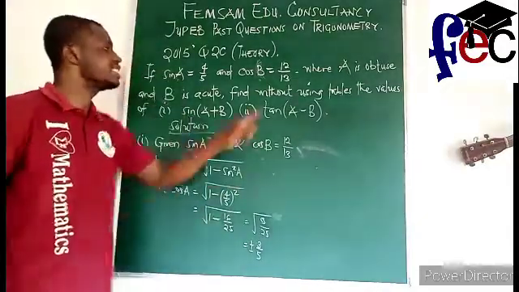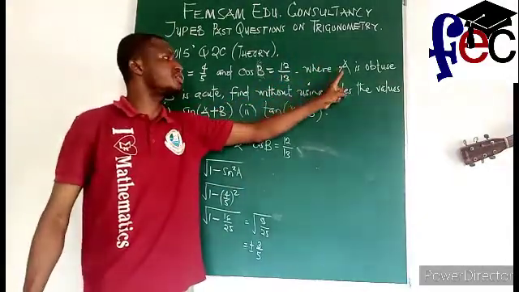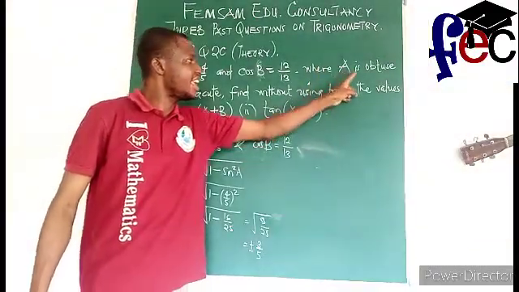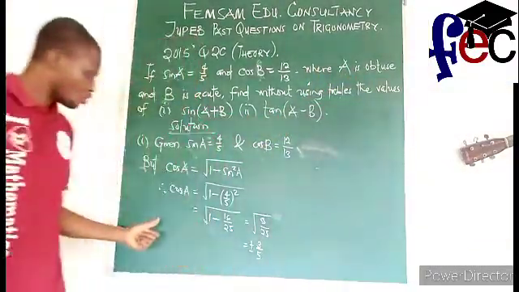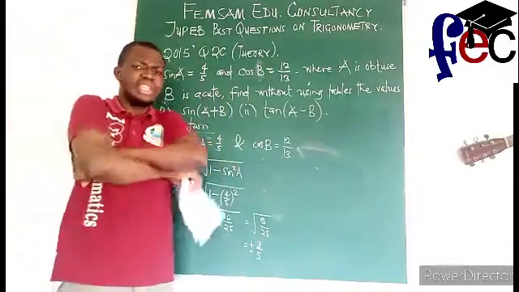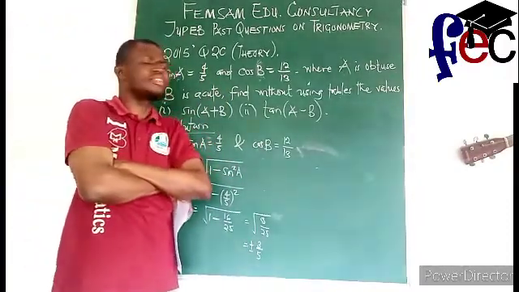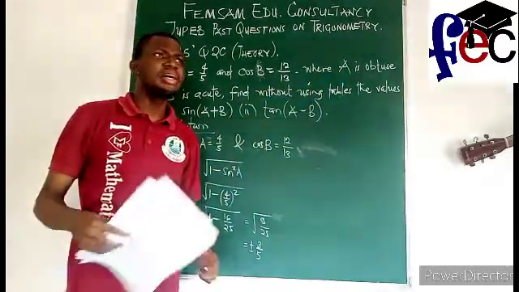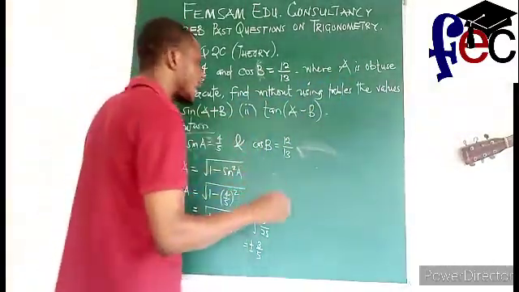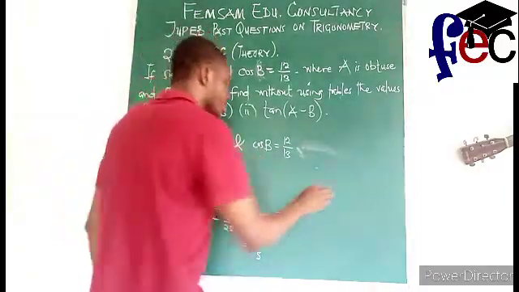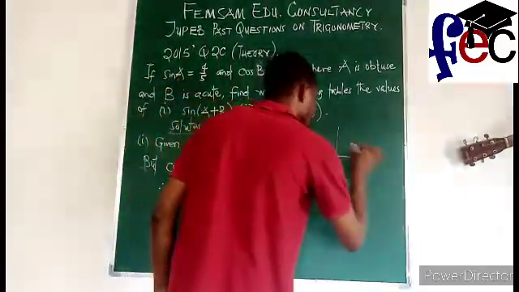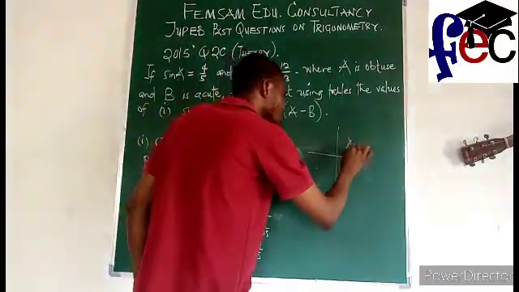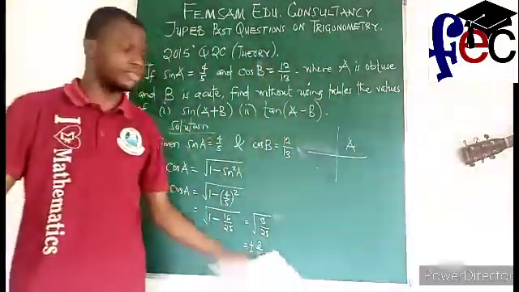No. That was the reason they gave this condition, or this information rather, where A is obtuse. So what is the usefulness of that information? If A is obtuse, then you remember your angles in the quadrants. In the first quadrant, all the trigonometric ratios are positive.